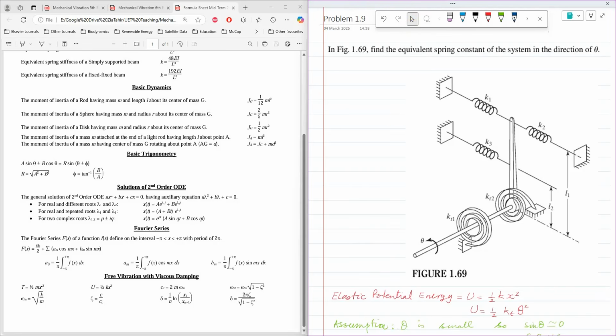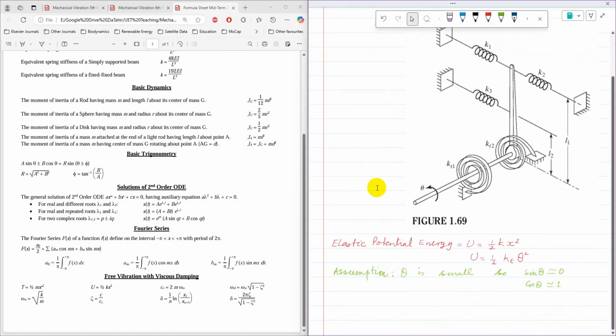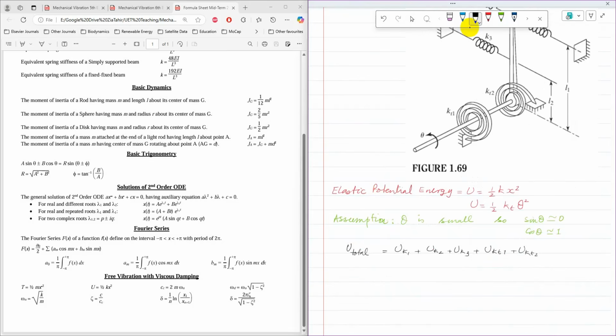The total elastic potential energy of the whole system is equal to the sum of the potential energy stored in each individual spring.